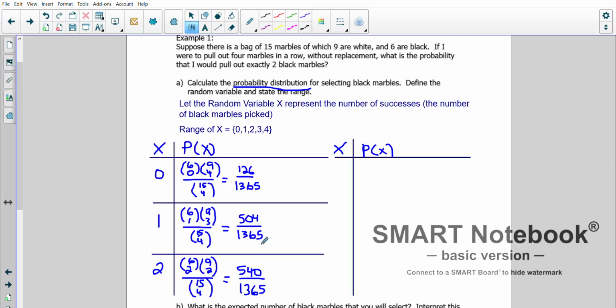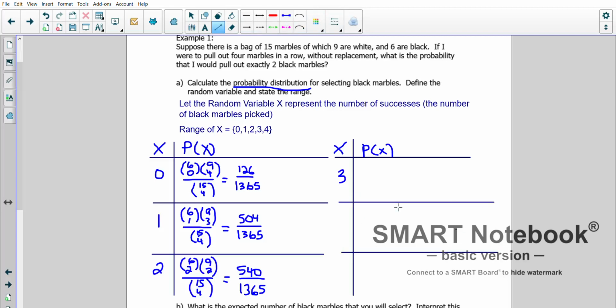Alright, so as expected, I ran out of room here, so I'm going to continue with the last 2 possibilities over here. So the probability of picking exactly 3 black marbles, get that out of the way.